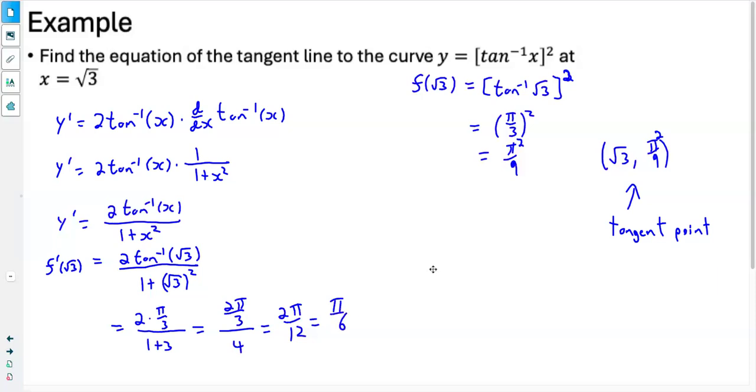So writing out our equation in point slope form, so y minus y1 equals m times x minus x1. That gives us y minus pi squared over 9 equals pi over 6 times x minus root 3.